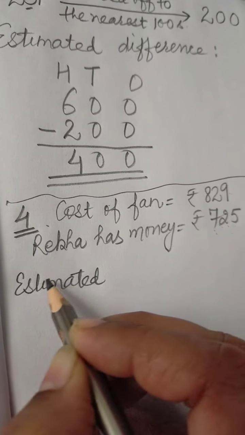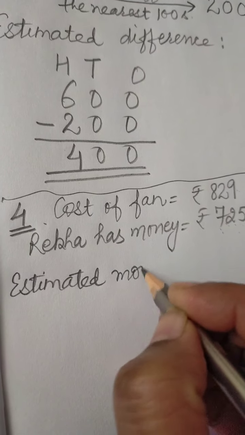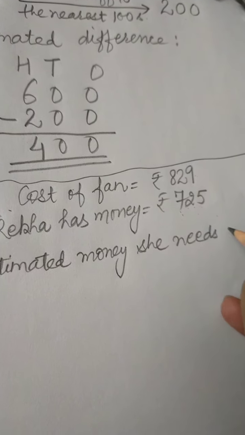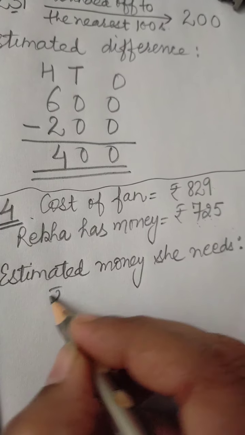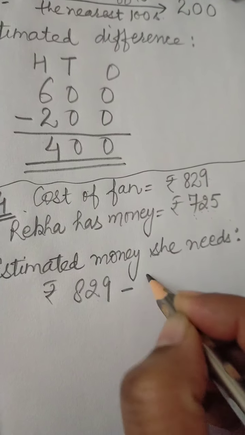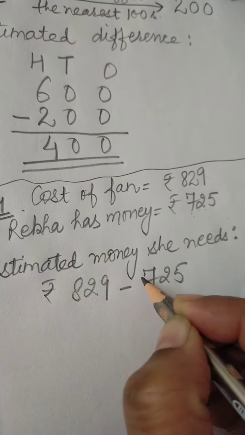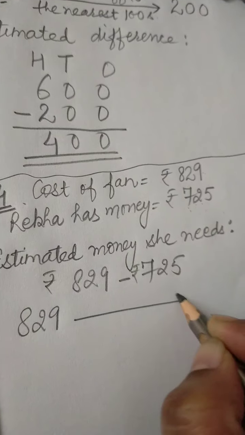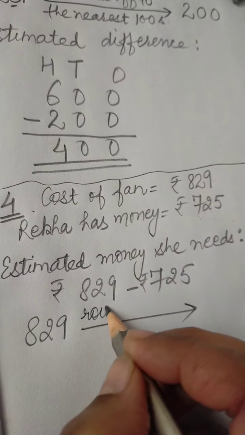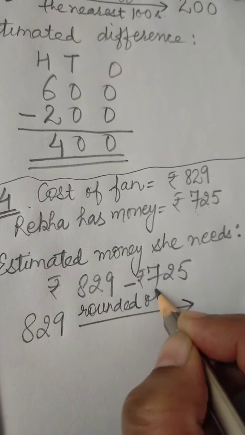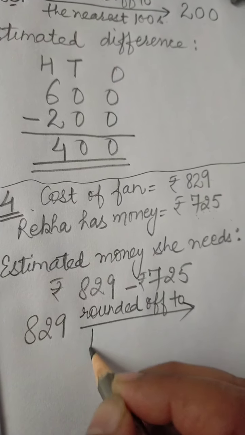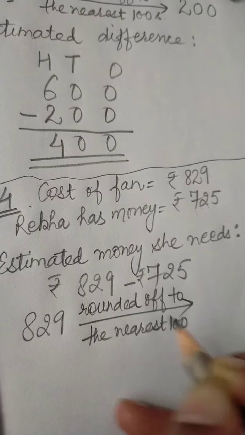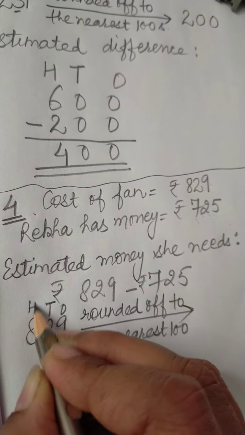The estimated money she needs. Rupees 829 minus 725. Nearest hundreds, rounded off to the nearest hundred. Ones, tens, hundreds.